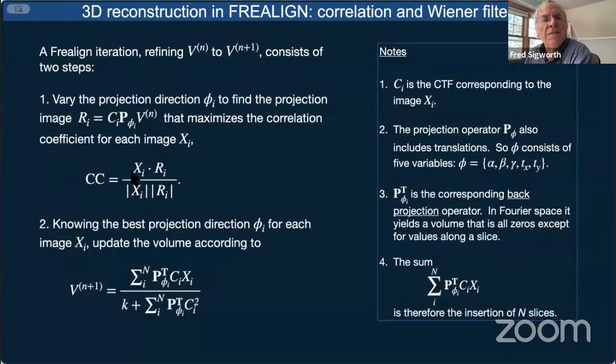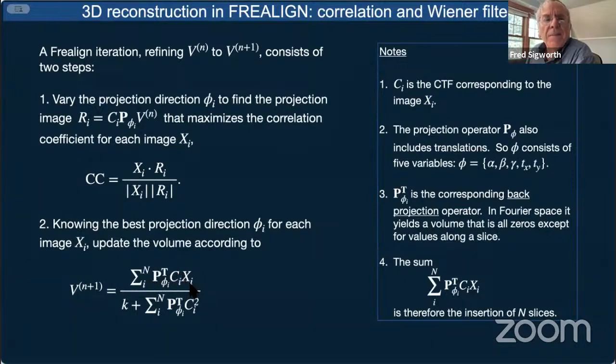So the correlation coefficient, remember, is the correlation between these two normalized. So once we have found the best correlating original image and reference, then we do the reconstruction, and here's how the reconstruction works. And what you're supposed to see is that this is just a Wiener filter. In the numerator, we have the data, but in this case, it's a kind of Fourier slice reconstructed volume.